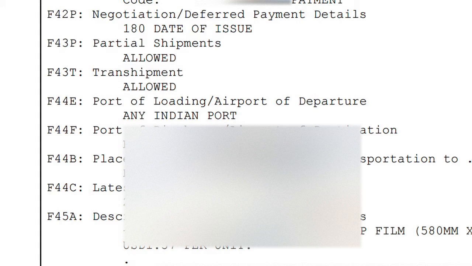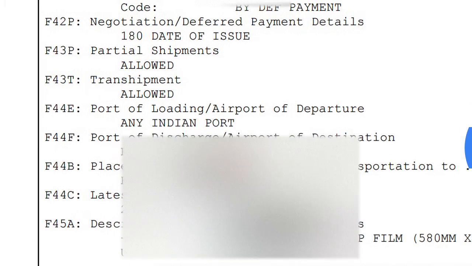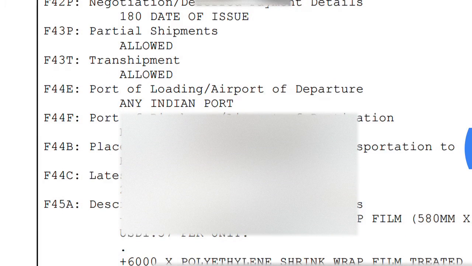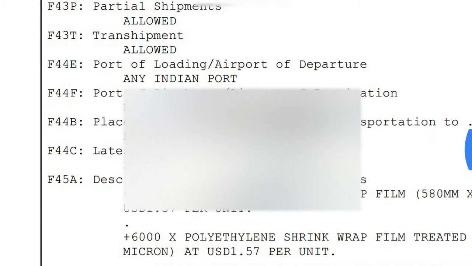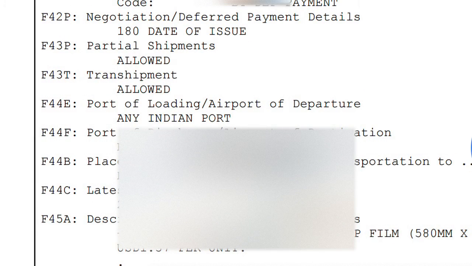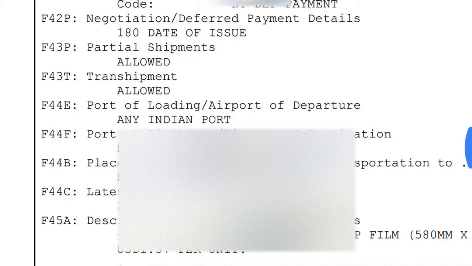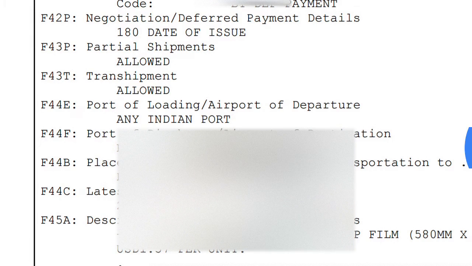If we read 43P, partial shipment, in this LC partial shipment is allowed. 43T, transshipment is also allowed. Partial shipment means that we can divide the shipment and send the goods partially, because we cannot sell all the goods at a time.